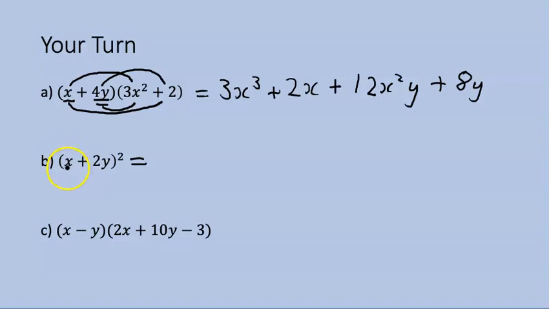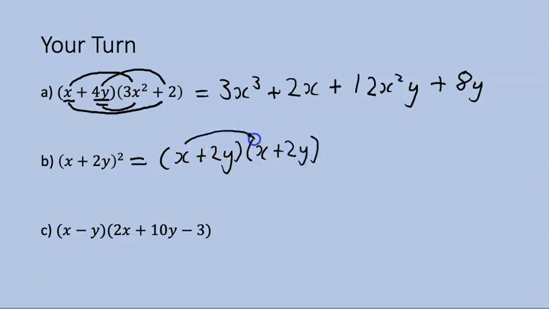Now for b, I've got x plus 2y squared. That means I just write the same thing again. X times x gives me x squared. And x times 2y gives me 2xy. 2y times x gives me also 2xy.